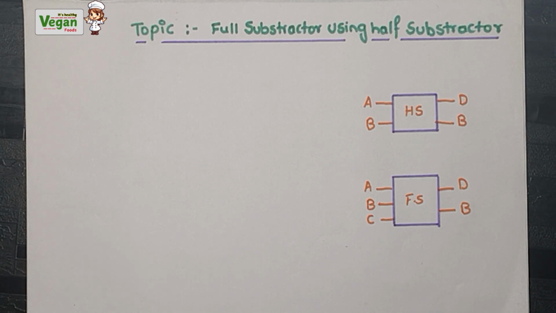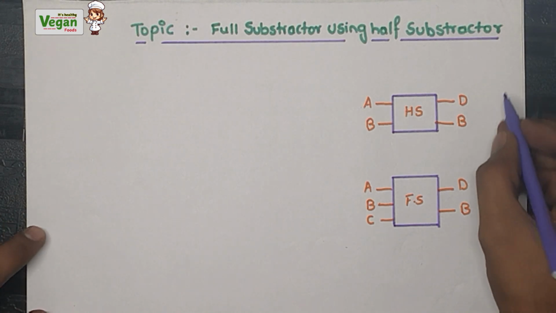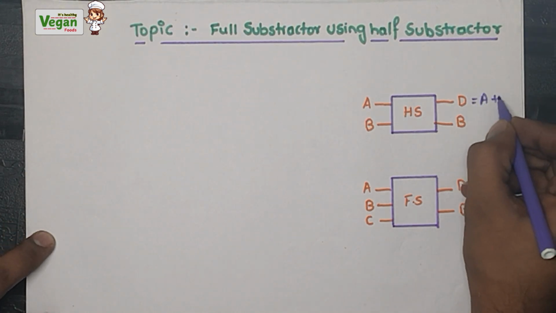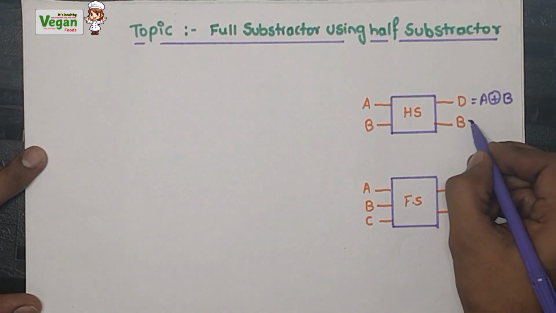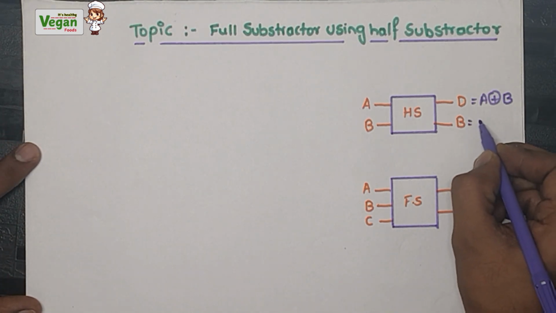Now let's know the formulas of the subtractors, difference and borrow. The formula of difference is A XOR B. We have discussed it separately in the separate video on the half subtractor. You can watch it. Next, what is the formula for borrow?